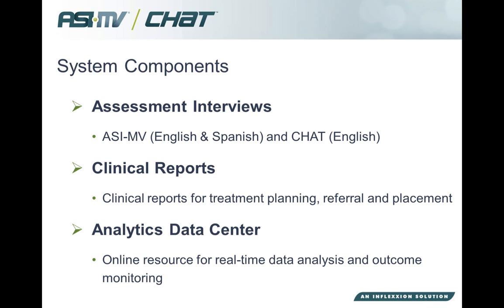The assessment interviews include the English and Spanish versions of the ASI MV, as well as the Comprehensive Health Assessment for Teens, or CHAT. There are a number of clinical reports available in all the interviews, and there's also an analytics data center for you to look at aggregate real-time data to analyze and monitor outcome. There are additional training videos for both the clinical reports and the analytics data center.